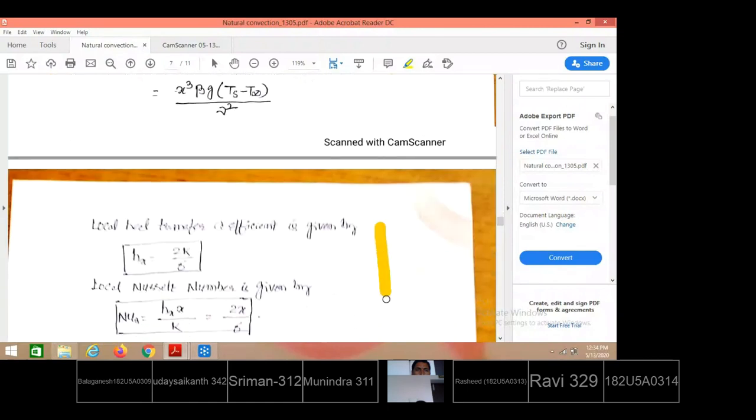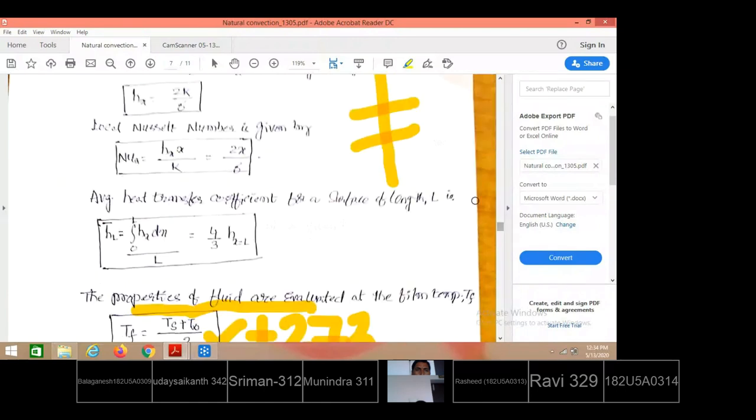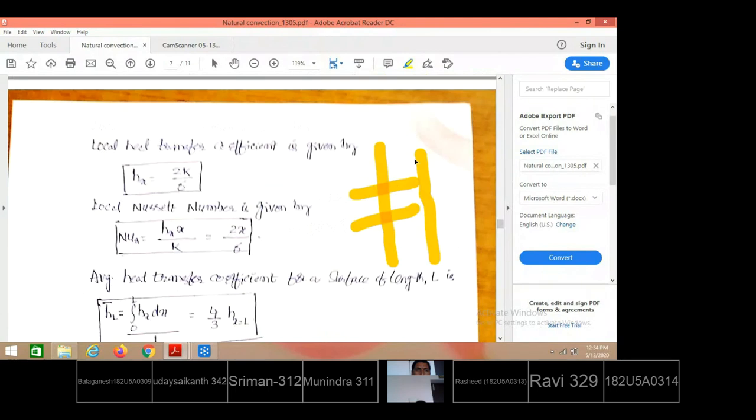So that means at any height, maybe here or maybe here. This is the vertical plate, and x is in the vertical direction we have taken. So to calculate the local heat transfer coefficient, 2k divided by delta, where is this k value to be taken?